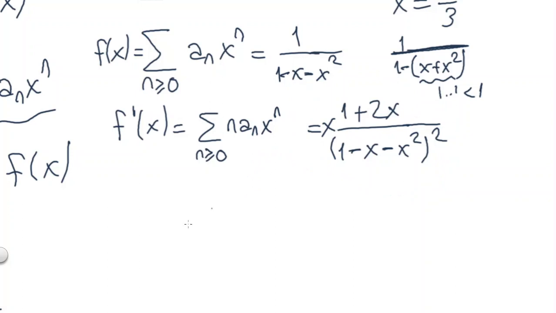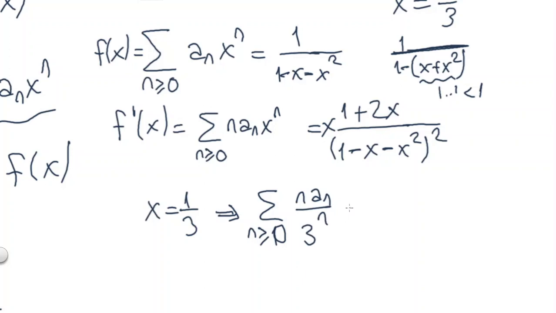So when I put x equal to 1 over 3, I'm going to get the sum for n greater or equal than 0, it doesn't matter, it's 1 or 0, both same, of n a_n over 3 to the n, equals 1 over 3 plus 2 over 3, which is 5 over 3, over 1 minus 1 over 3 minus 1 over 9.